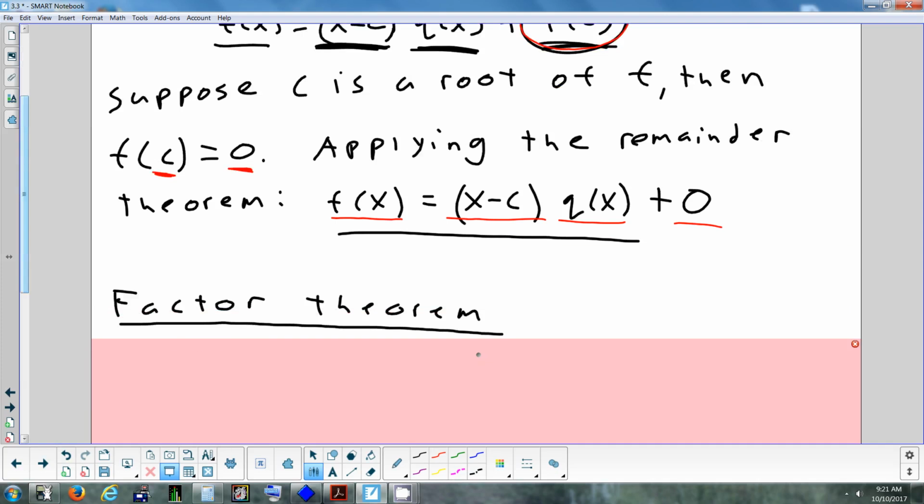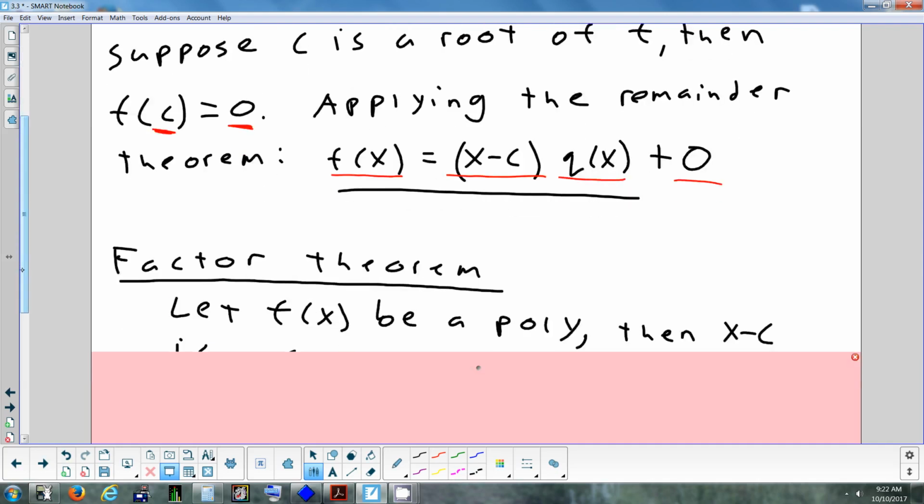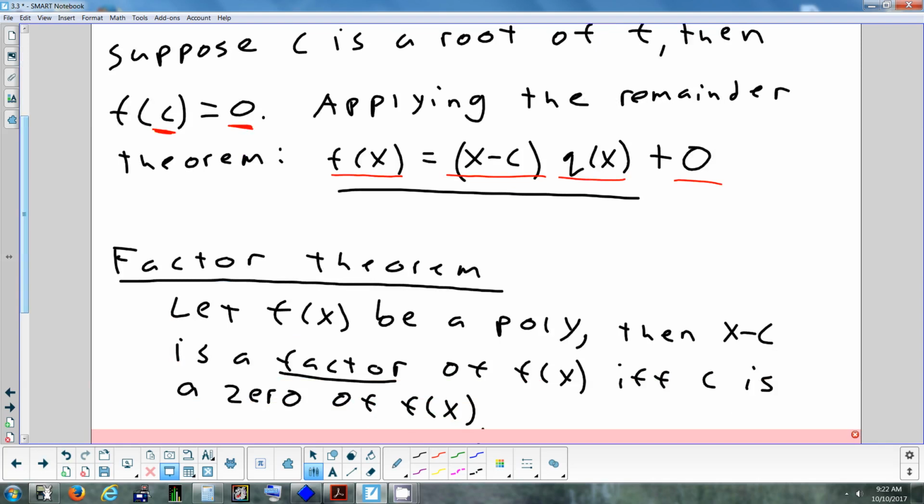And this leads us to what we call the factor theorem. Okay, so the factor theorem says that if f of x is a polynomial, and it's a biconditional statement. So actually, I'll read it both ways. If x minus c is a factor of f of x, then c is a root. Or I could say if c is a root, then x minus c is a factor.